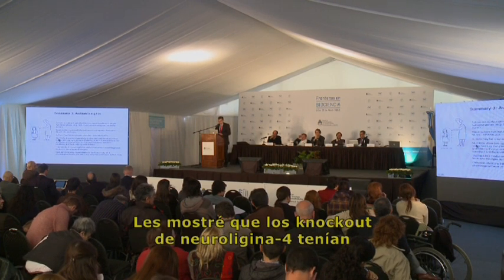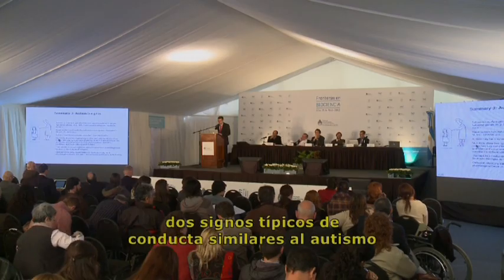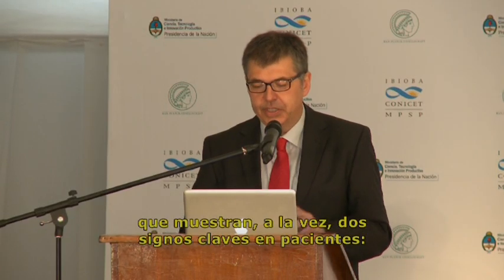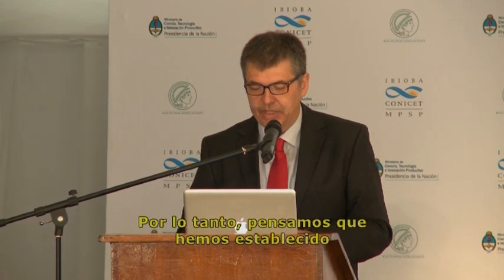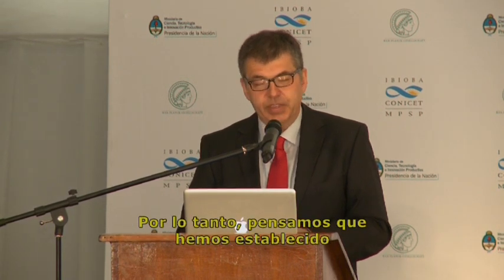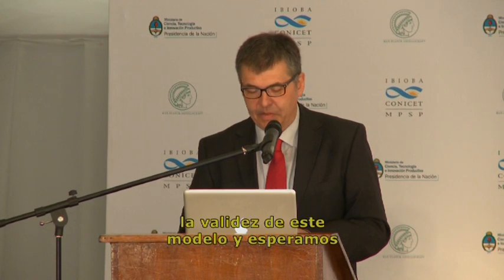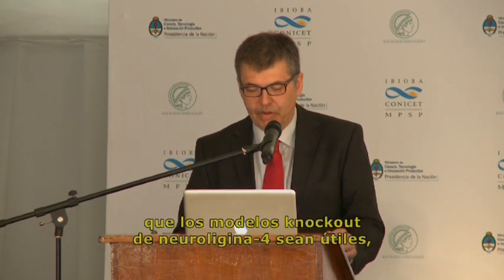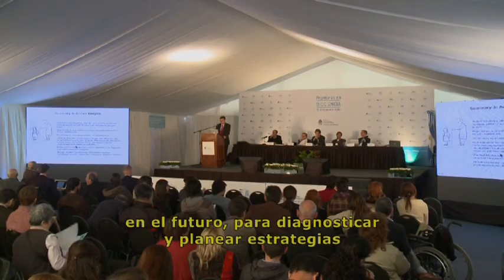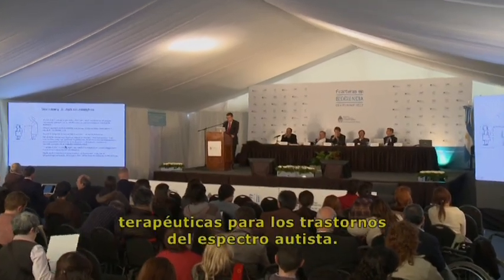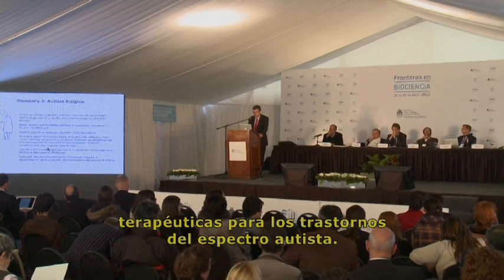I showed you that Neuroligin 4 knockouts show two typical signs of autism-like behavior that mimic two key symptoms in patients: aberrant social interaction and aberrant vocal communication. Therefore we think we have established face validity of this model and hope that the Neuroligin 4 knockout model might in the future be useful to establish diagnostic and therapeutic strategies for autism spectrum disorders.